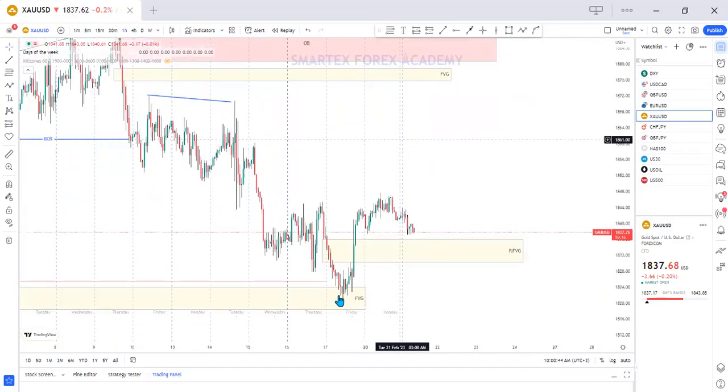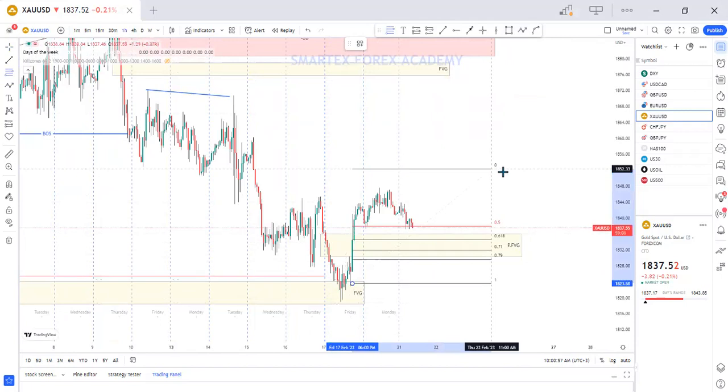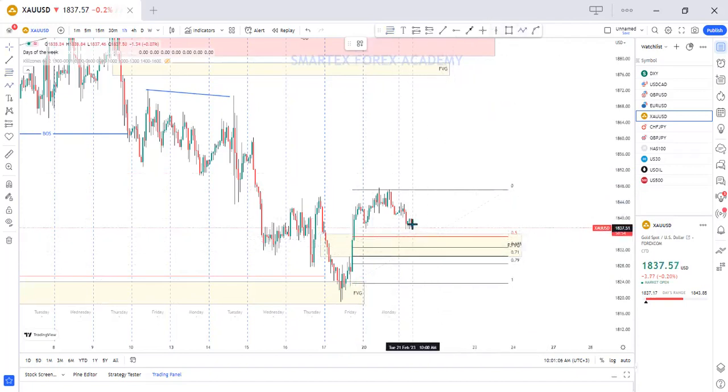Okay. So at least I'm expecting the price to come back to these zones here. Come back to this previous gap.